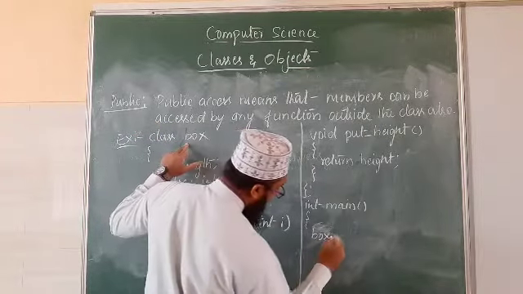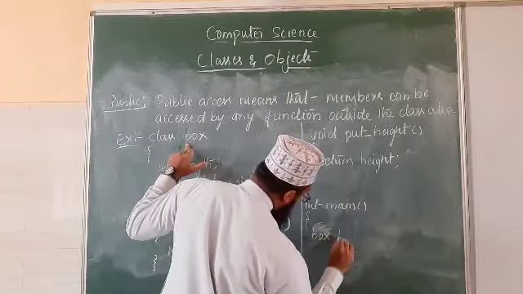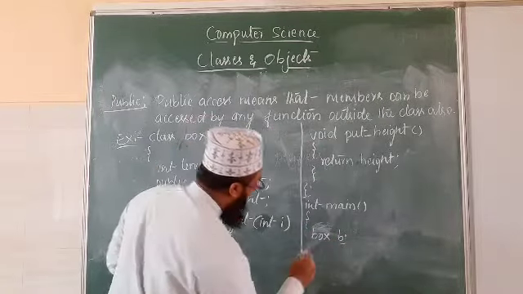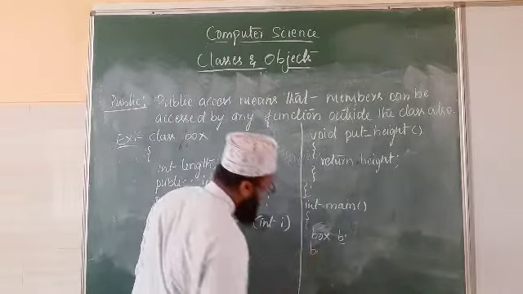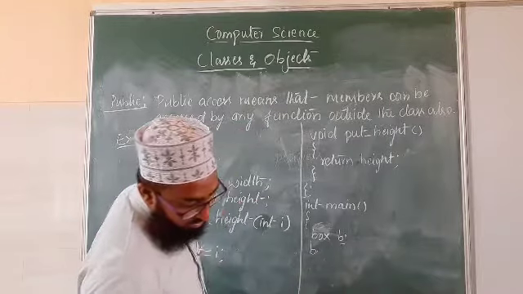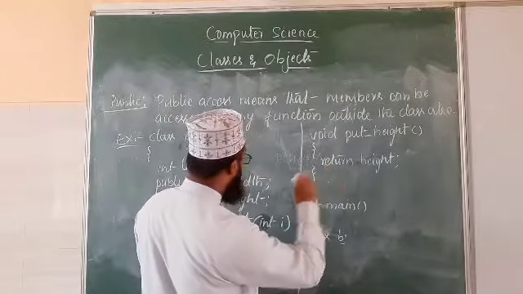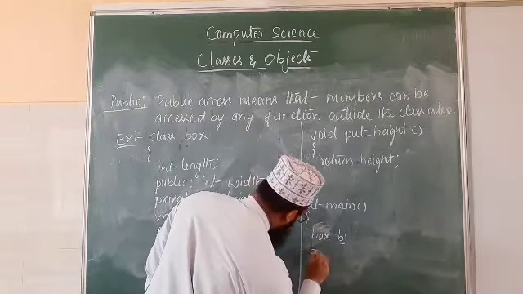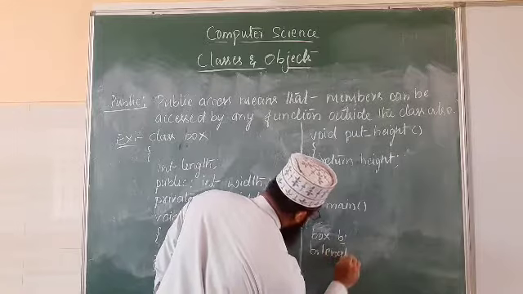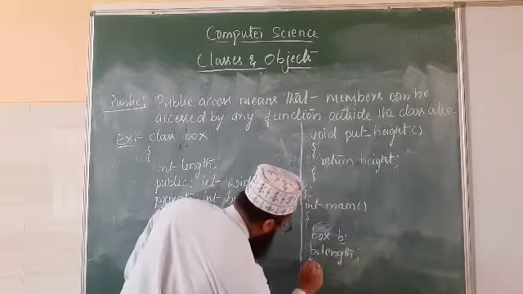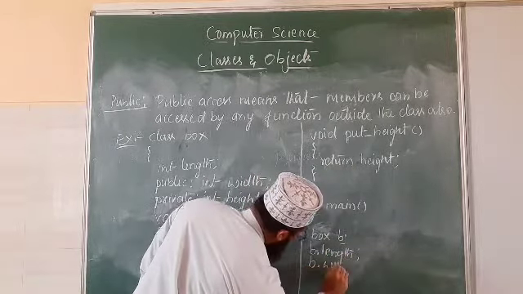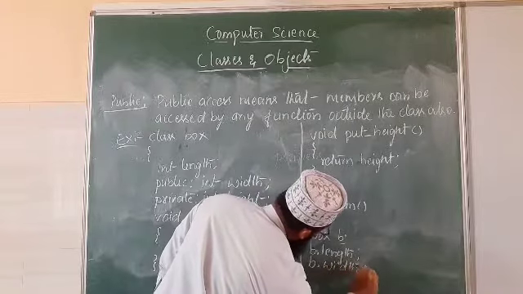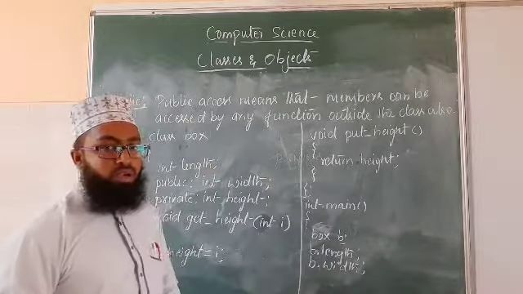Take box b, then b dot length, L-E-N-G-T-H, and b dot width, because length into width will become the size of a box.